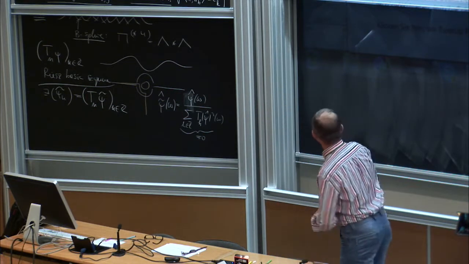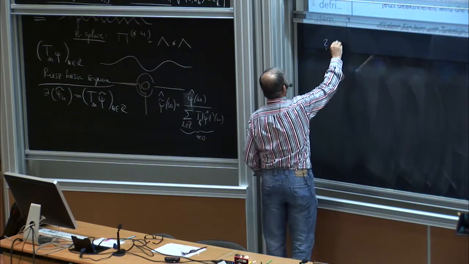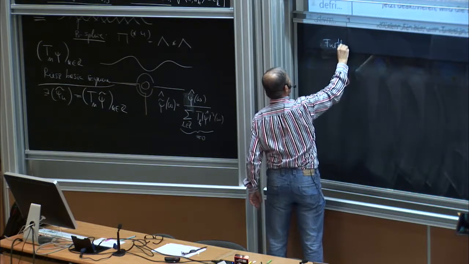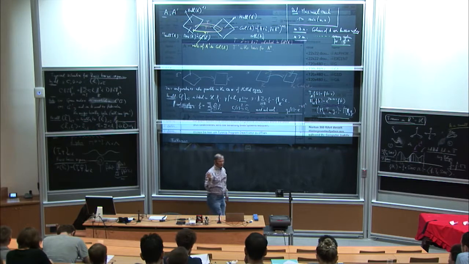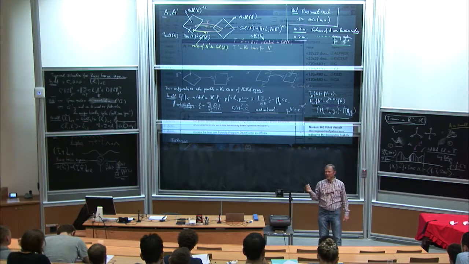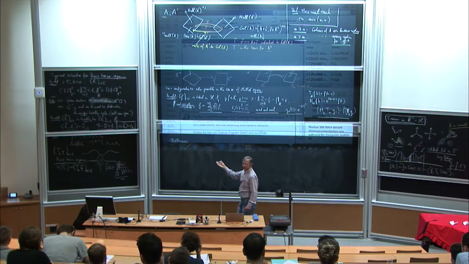Now, what about L2 theory? We're now in the situation that we have a bi-orthogonal system for a closed subspace. So it's clear that not every L2 function is a spline function.